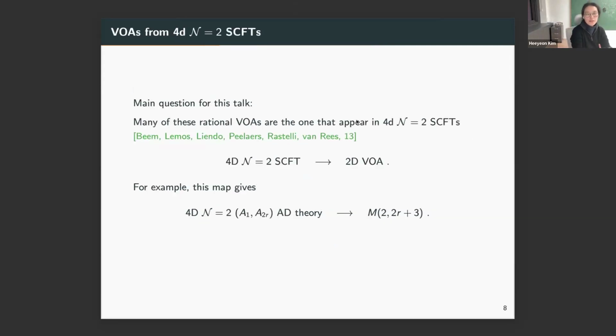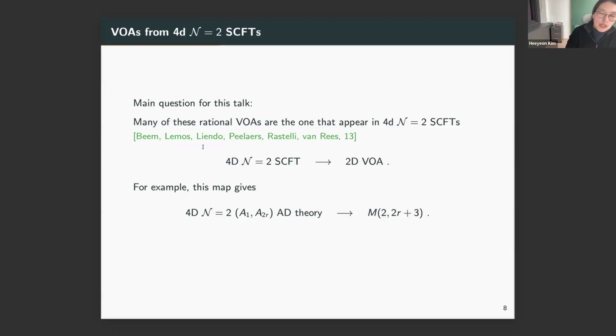So that was the review of the recent result. But the main question for this talk is the following. Another interesting observation is that many of these rational vertex operator algebras that I described just now are the ones that also appear in the context of 4D N=2 SCFTs.